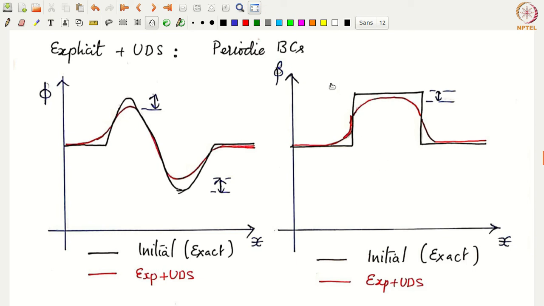Or let's say in the limit of t tends to infinity, what would be the amplitude predicted using the upwind difference and the explicit method? What will happen to this amplitude? Would it remain the same as you go with time? Of course it will shift, right? It will come back, but the next time it comes back here, would that be smaller or would that be the same?